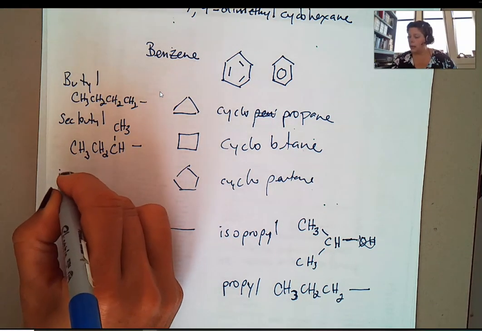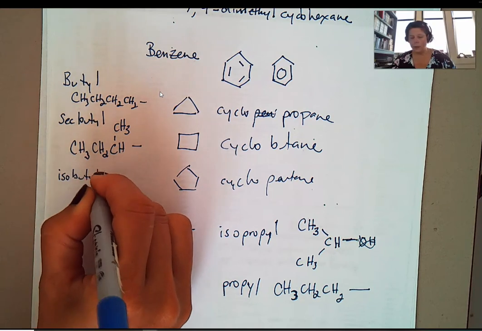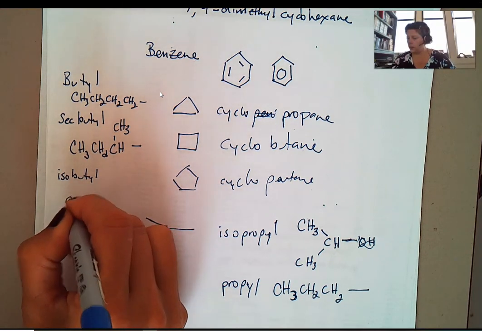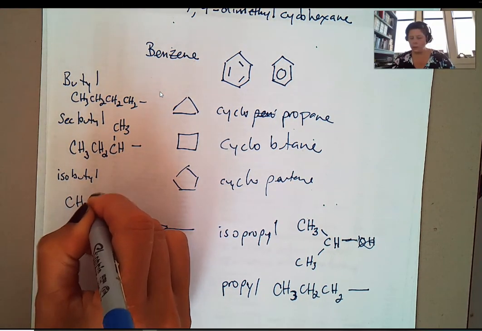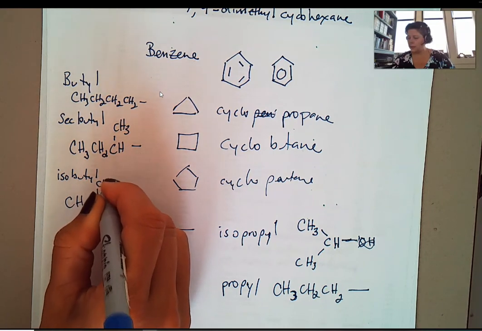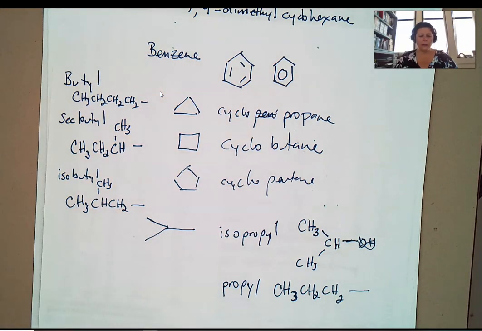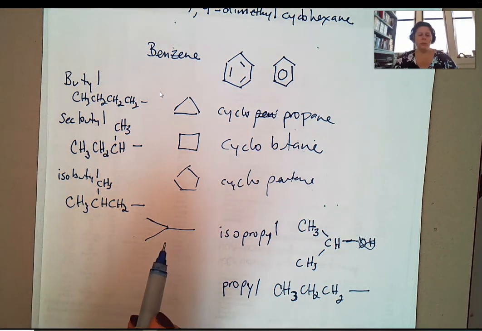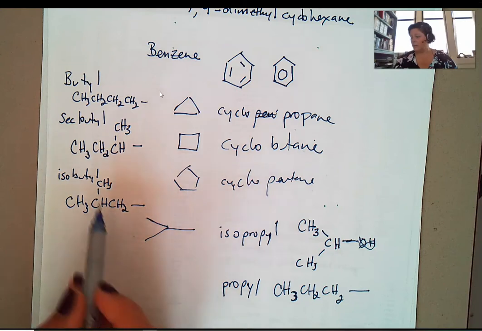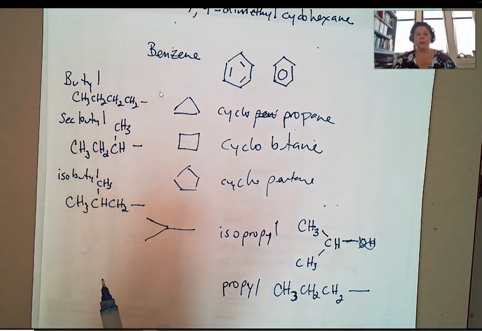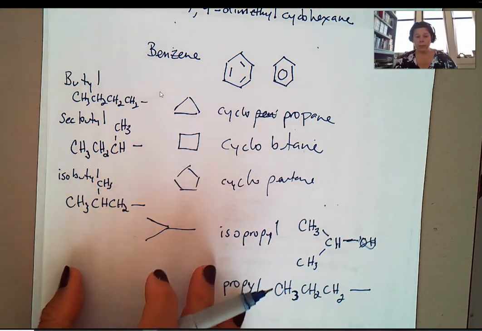Then there's isobutyl, and you might hear isobutyl. So isobutyl is CH3, CH, CH3, CH2. And this could also be referred to as 2-methylpropyl, because there's the methyl group, there's a propyl group, so this could also be 2-methylpropyl.